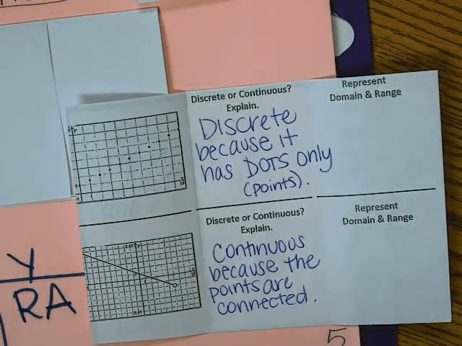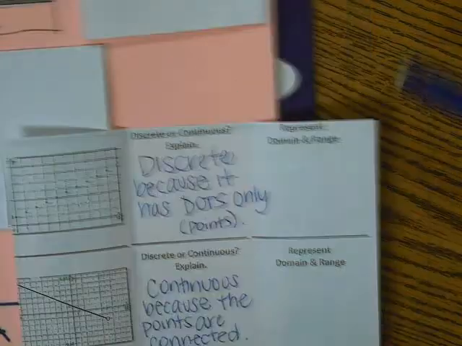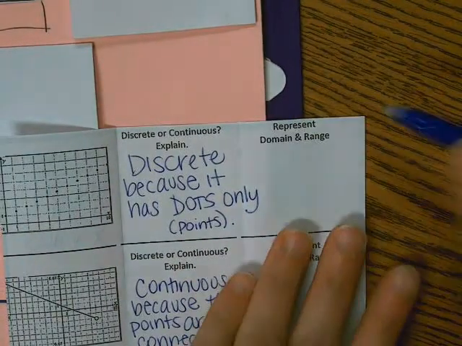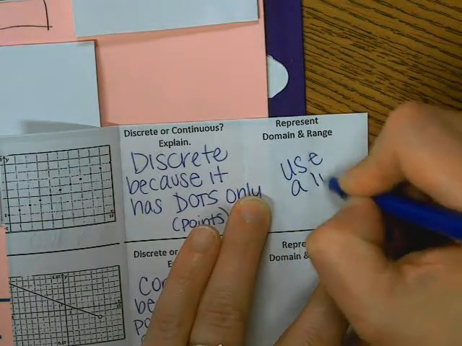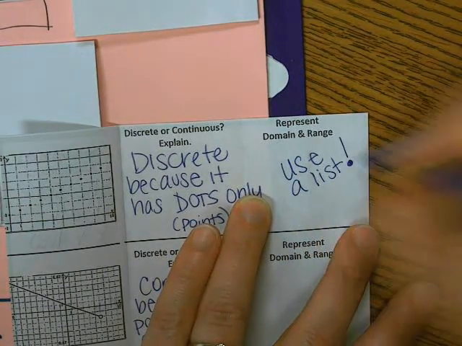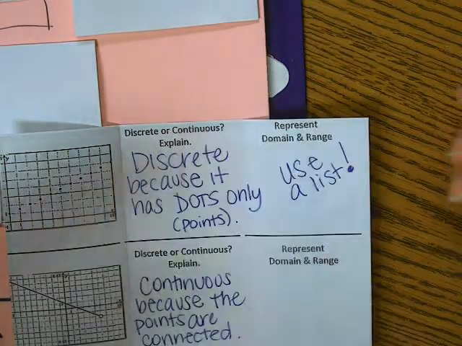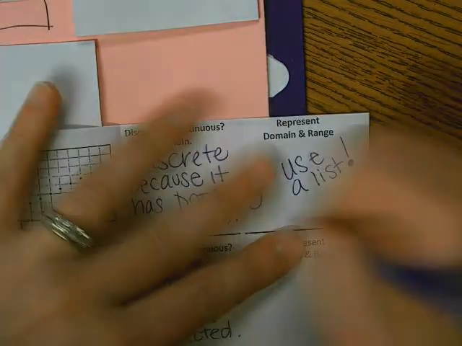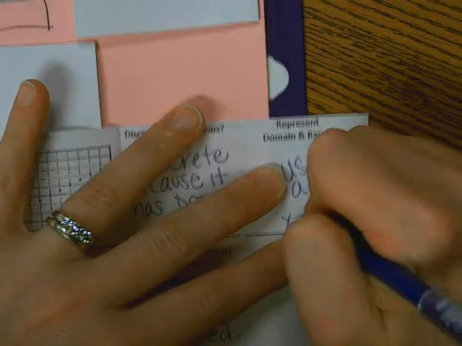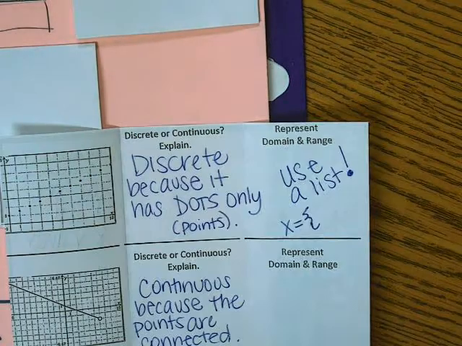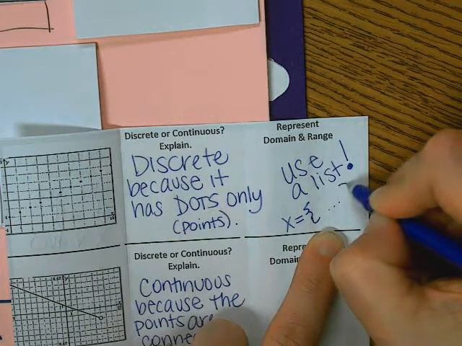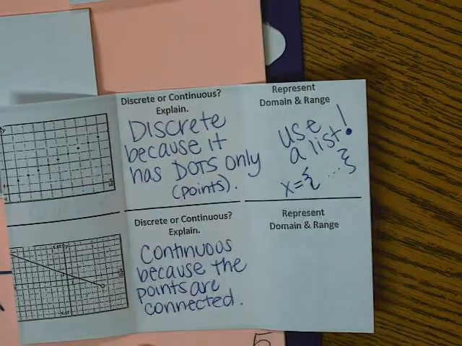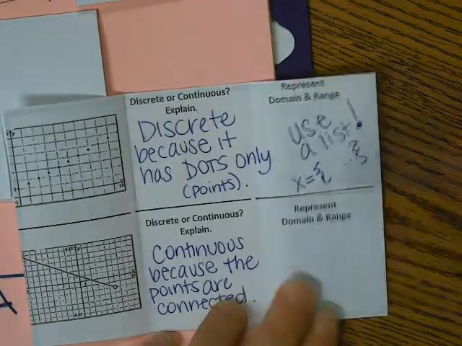How would we represent the domain and range here? Well, we would represent it using a list of numbers. We would say X and Y, and we would say X equals, and then we would do the little bracket or braces thingy that we talked about, and we would say numbers. How would we represent domain here?